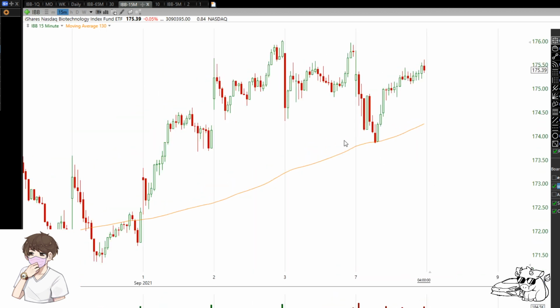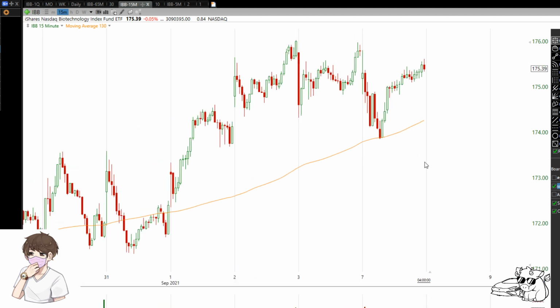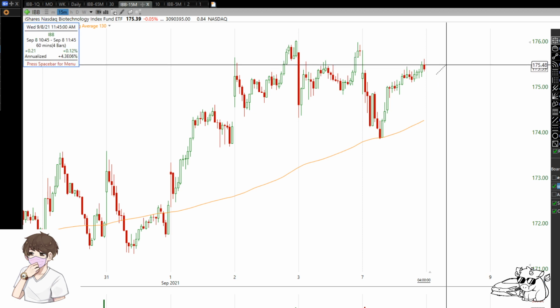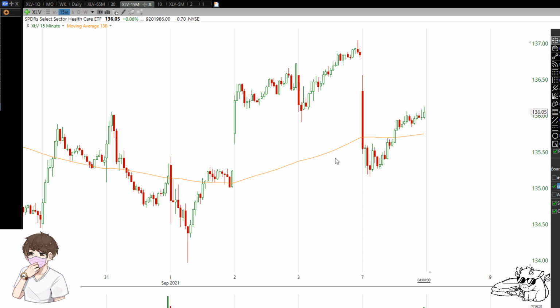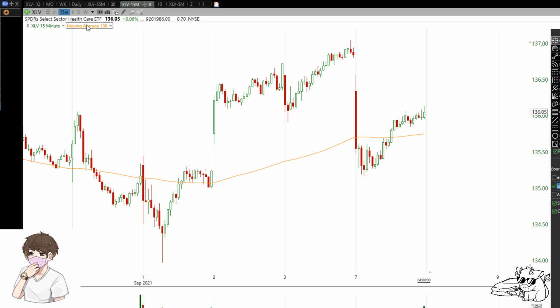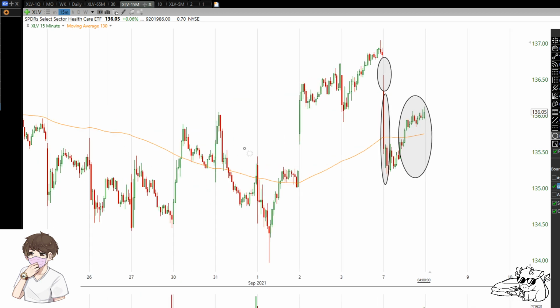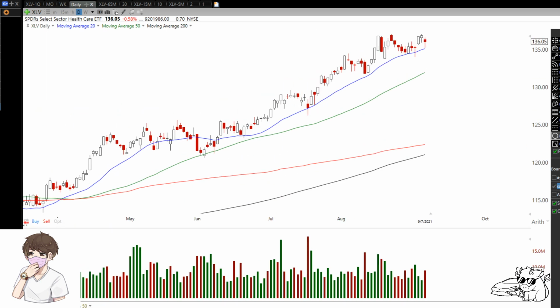Next thing is IBB, the biotech. This consists of BNTX, Moderna, Pfizer, all that stuff. It opened really weak, but it closed really strong. Those are usually the couple that are important. There's also XLV, the healthcare, which gapped down really weak, acted really weak, and then recovered good, so not bad basically.